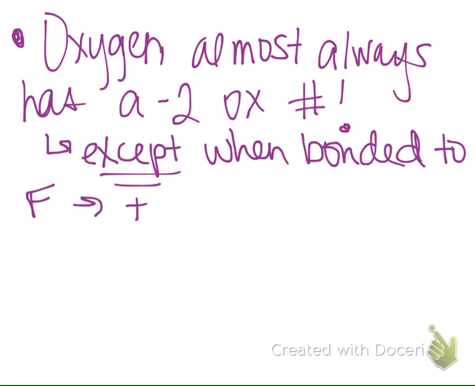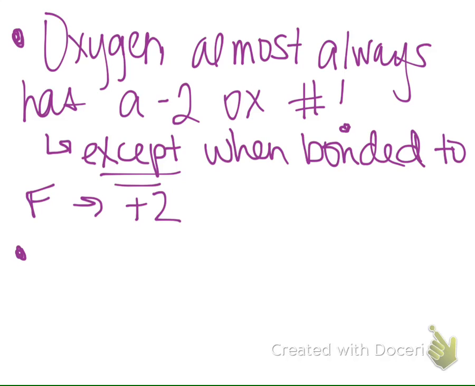Then it becomes a +2, because fluorine takes precedence. Fluorine always gets to keep its -1 charge, so when oxygen is bonded to fluorine, oxygen has to switch to a +2 because those electrons are located closer to fluorine than to oxygen. That's what our oxidation number is representing, where those electrons are shading to.